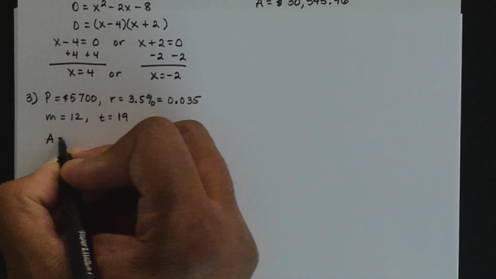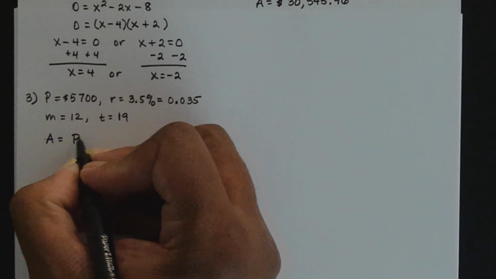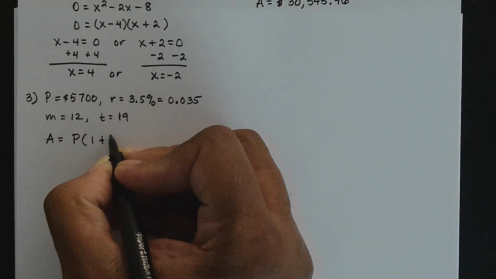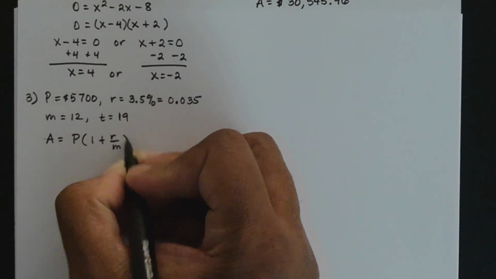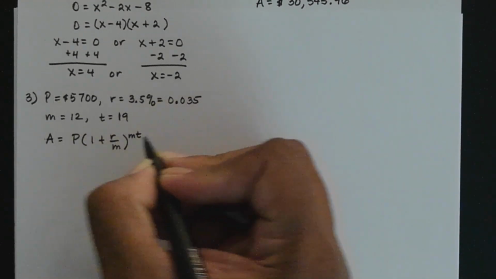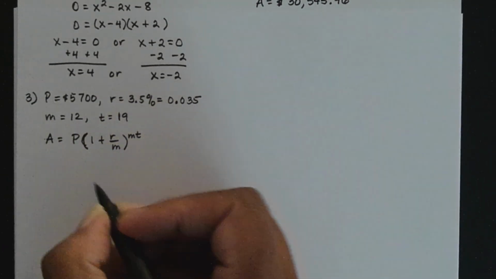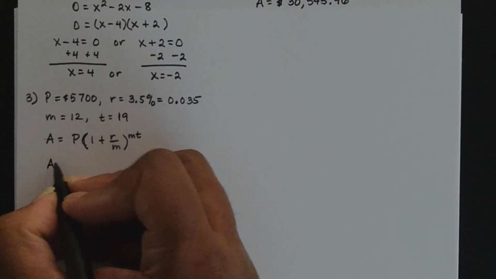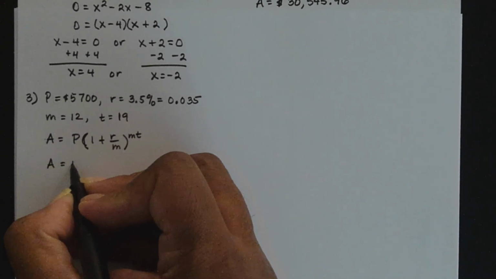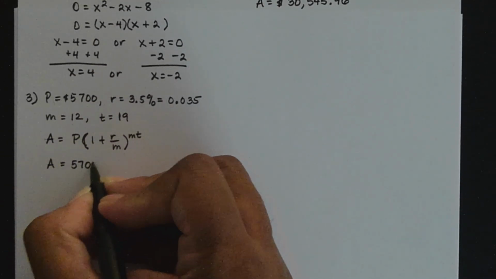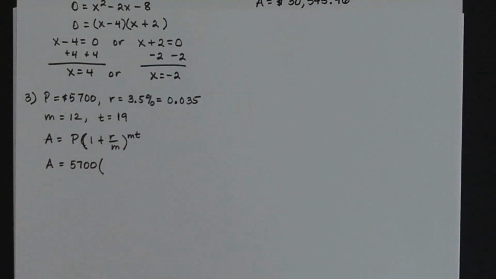So our compound interest formula that we'll be using is A is equal to P times 1 plus r divided by m, and that's raised to the m times t. So we just do our substitution here.